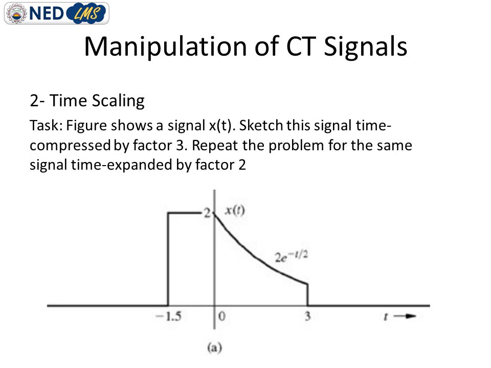Just take care of the values of time. The function is already given on the slide: 2 times e raised to power minus t by 2. This function exists for 0 to 3, and from minus 1.5 till 0 the function is 2.